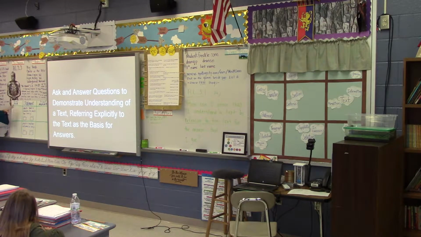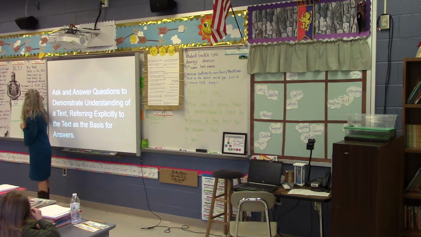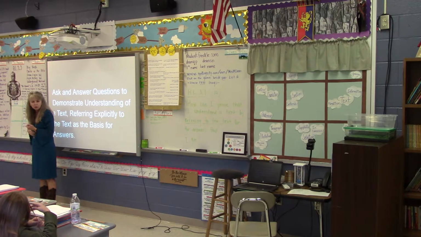So if I agree with this, the proof is going to be here. I have proof for this statement being true. But if I say, no, that statement's false and I disagree, I'm going to say I have proof from the text that proves this is not true. It's against what this statement is, okay? We're going to do this one together so that it makes a lot more sense.